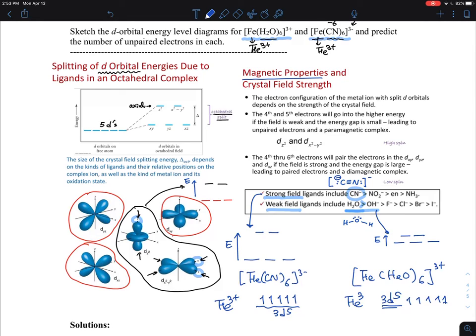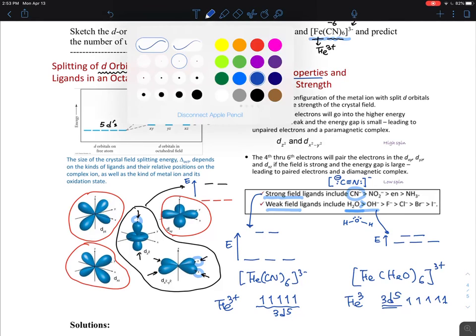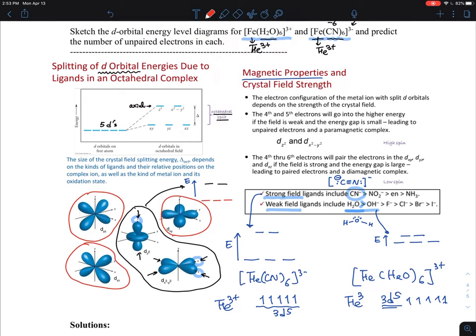When the energy gap is big, you put 1, 2, 3, and then you have an option: do you put the next one up or down? When the energy gap is too big and going up is a high energy situation, the electron chooses the lower energy state.